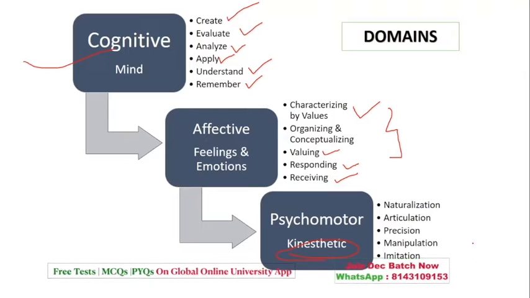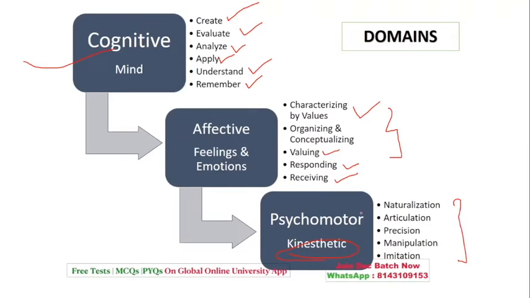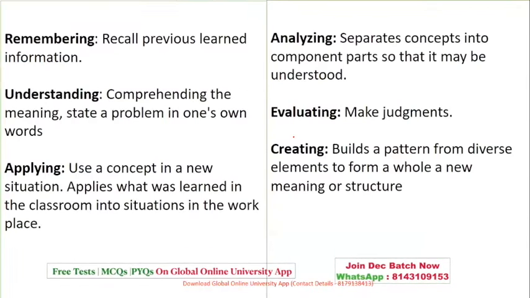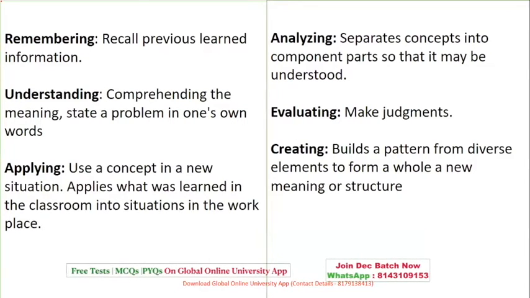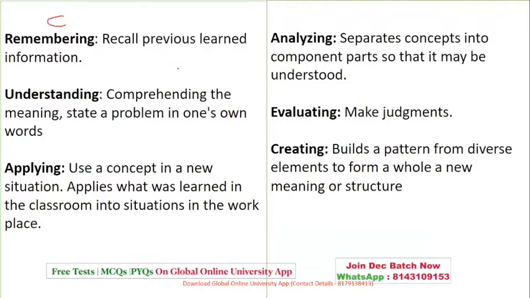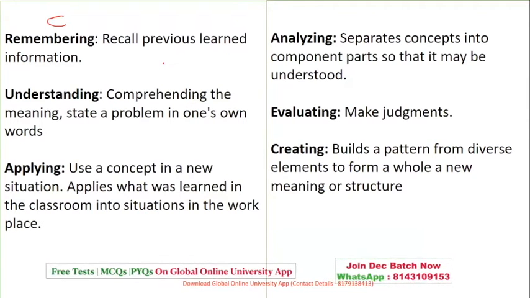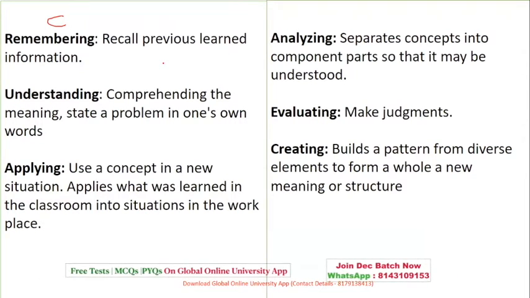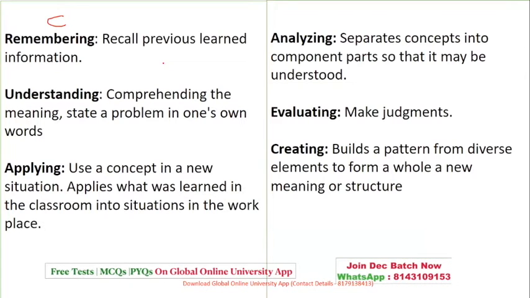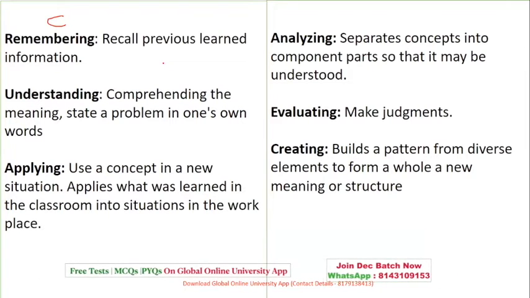So maybe some students need to have this in a little more detail. So let's quickly have them in detail, starting with cognitive first. Remembering is nothing but recalling all your previous information. Understanding is basically comprehending the meaning in one's own language or words.